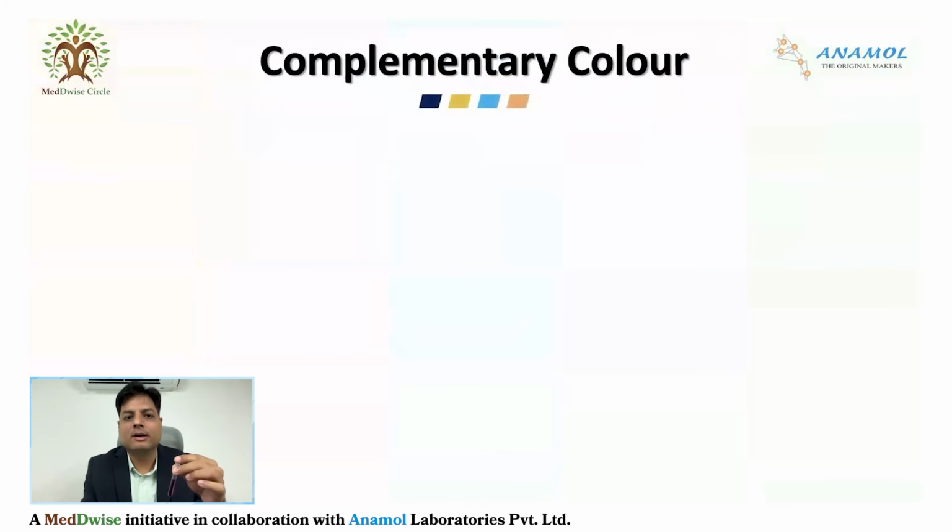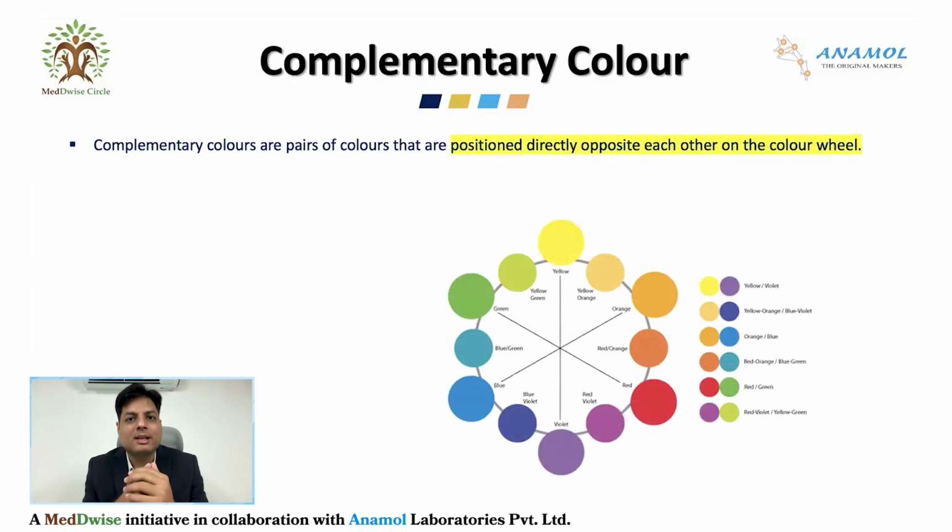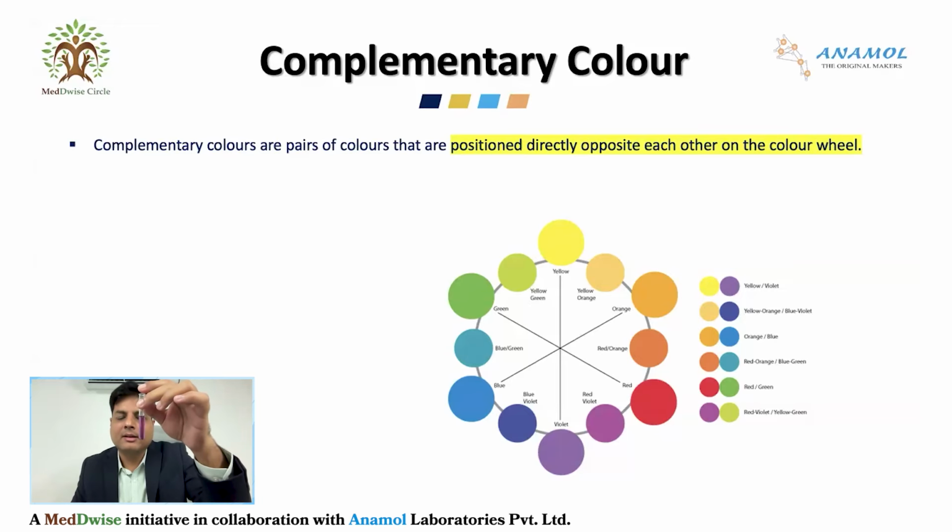Now, this concept is called complementary color. Complementary color is nothing but the color which is directly positioned opposite to the solution color in something called a color wheel. Here you can see we have described the color wheel. In this example, the solution color is violet.